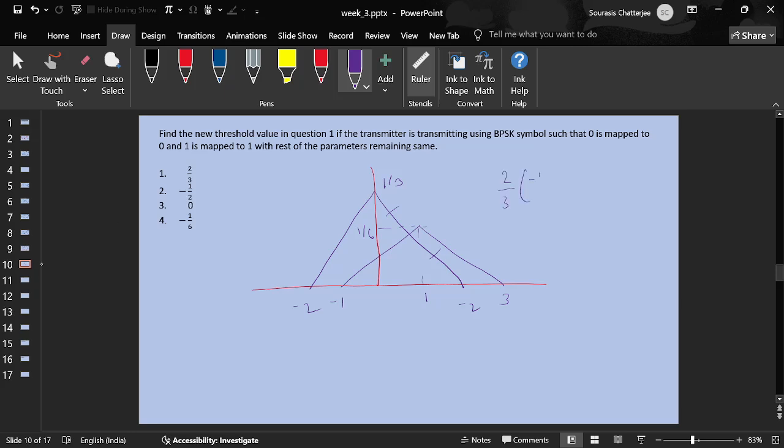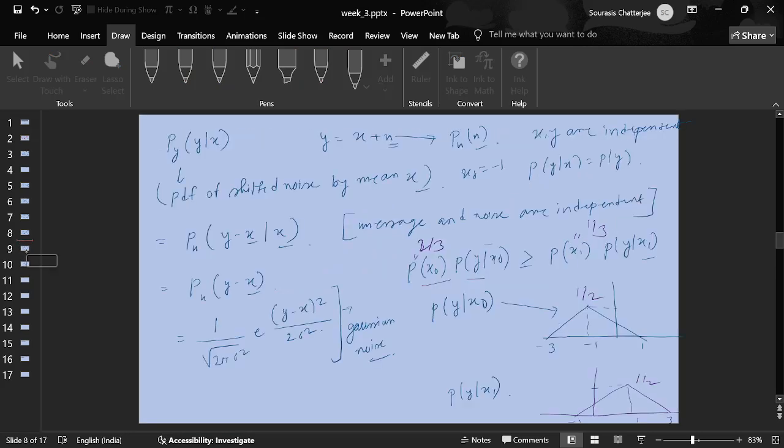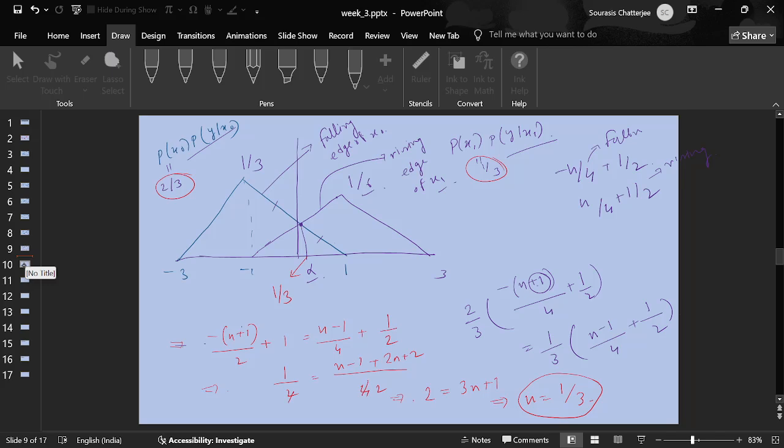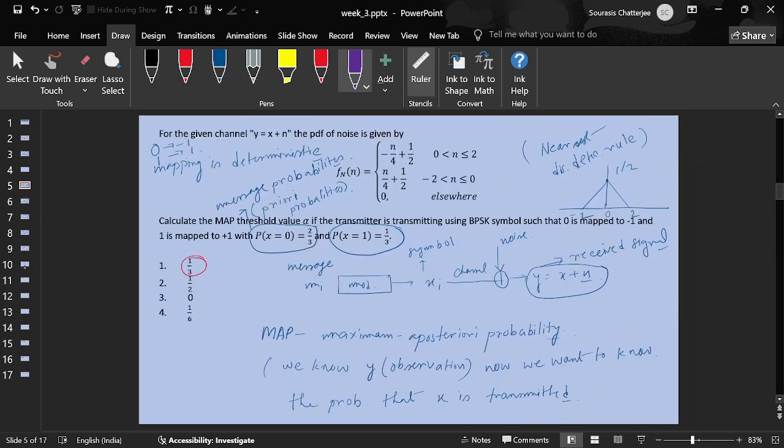So it's 2/3 minus n over 4 plus 1 by 2 is equal to 1 over 3 n minus 1 by 4. Did I make any mistake writing? Okay, fine.